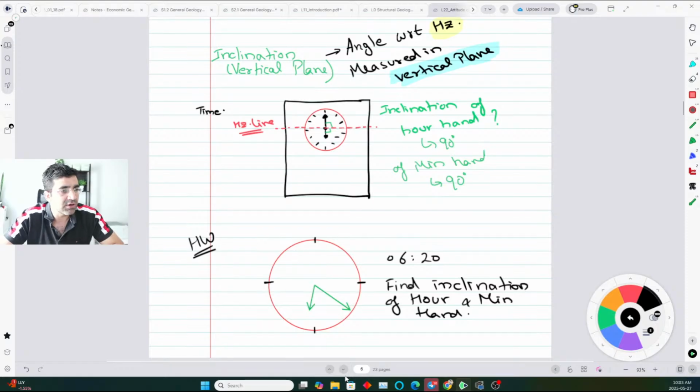Find the inclination of the hour and minute hand in this case. I'll see how many of you can get to that. This is practice, it is okay to get wrong answers. You don't have to feel pressure to get the right answer right now. You have to get the right answer 8-9 months down the line during the exam, so it is better to make mistakes right now.